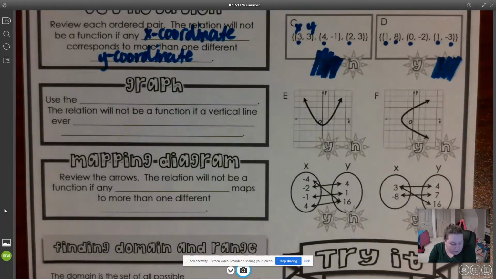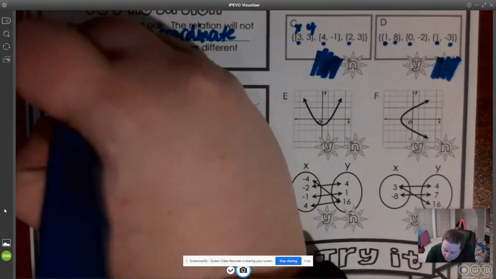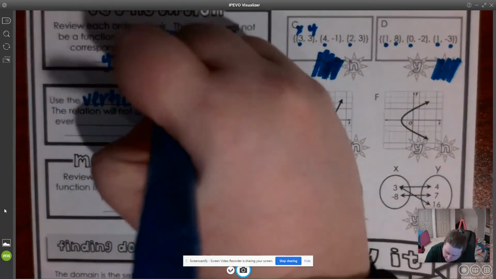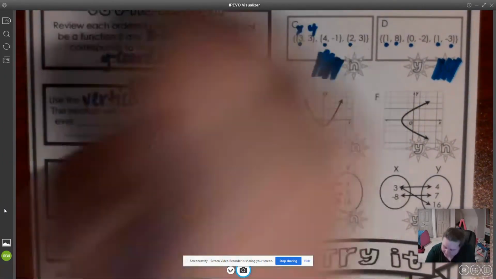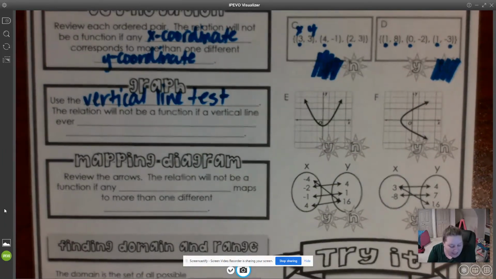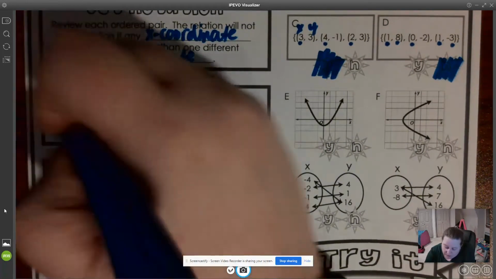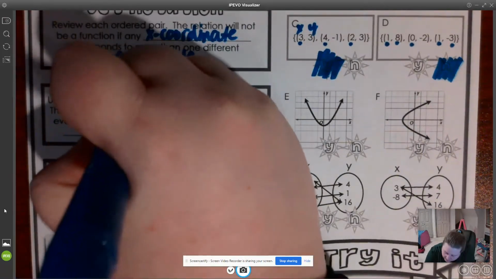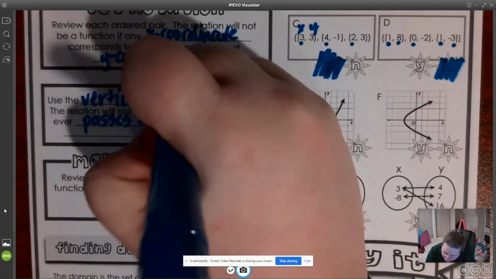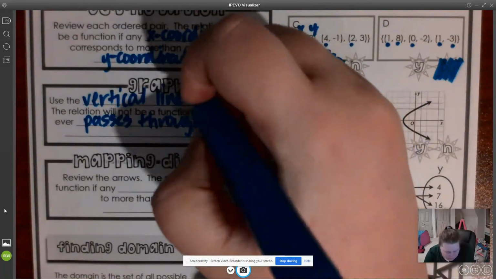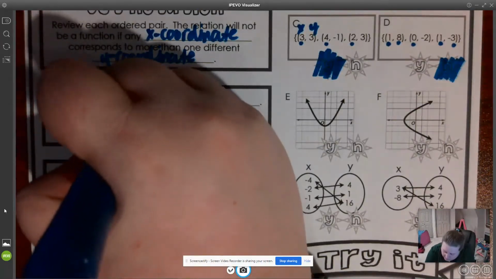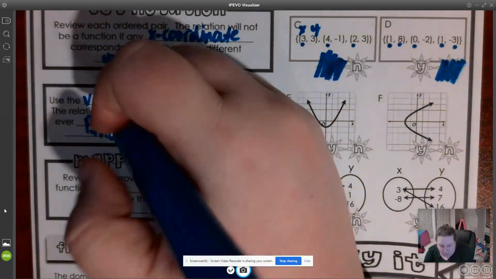Now, when we're looking at the graph, we use what we call the vertical line test. The relation will not be a function if a vertical line ever passes through more than one point.